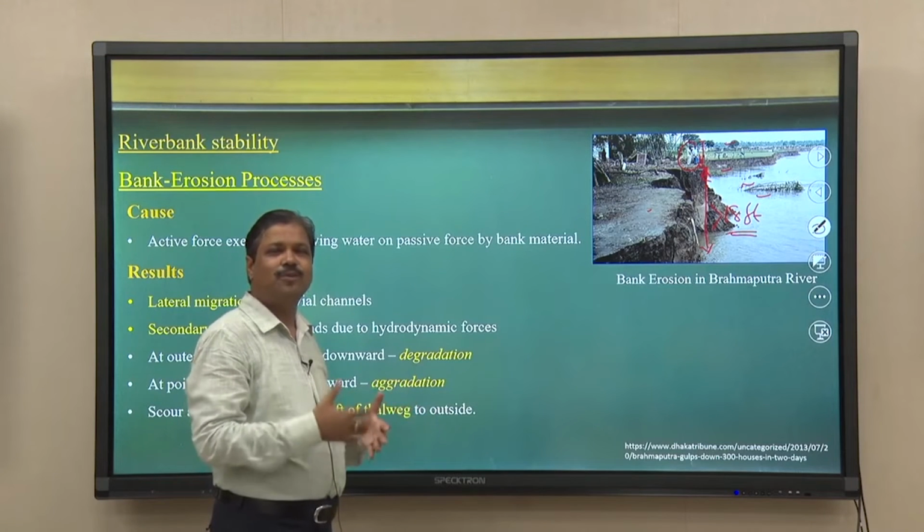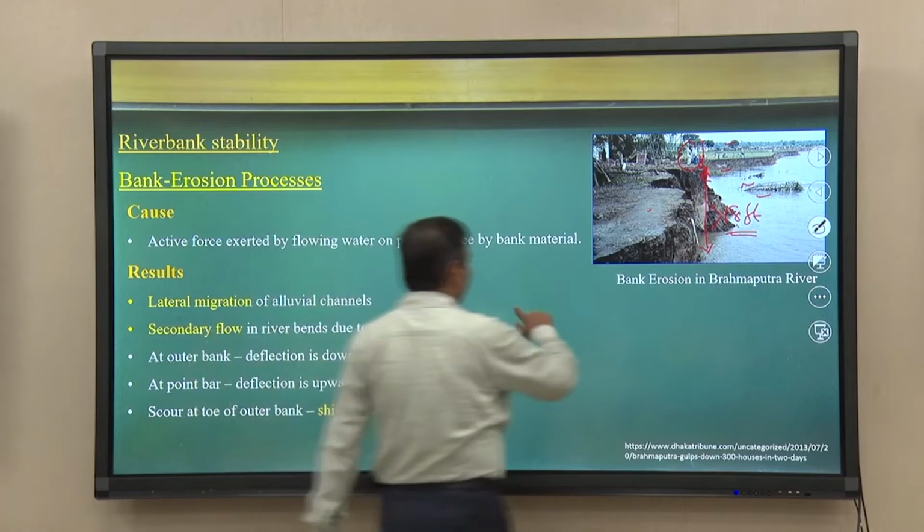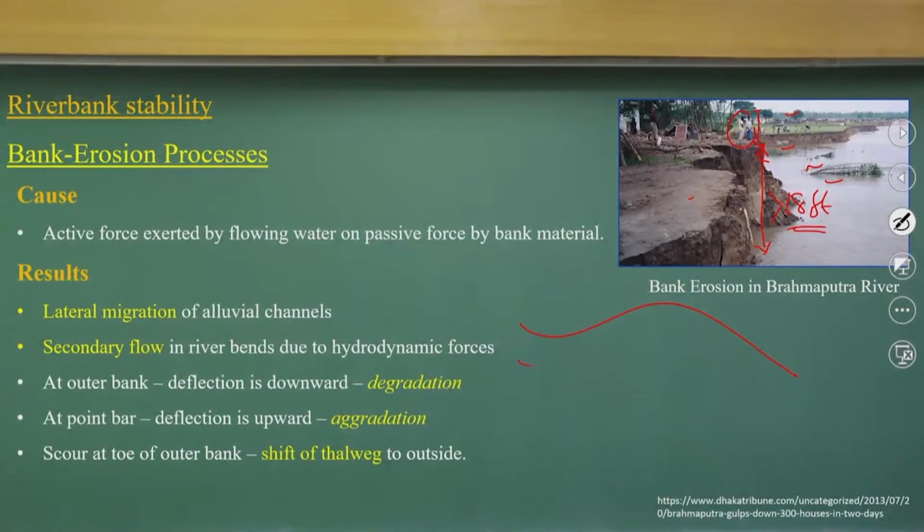But many times, you know, the river meanders. That means the river has curvatures. With river curvatures, there will be secondary current generation, and because of that the upper streamlines will act like this, whereas the bottom streamlines will act like this.